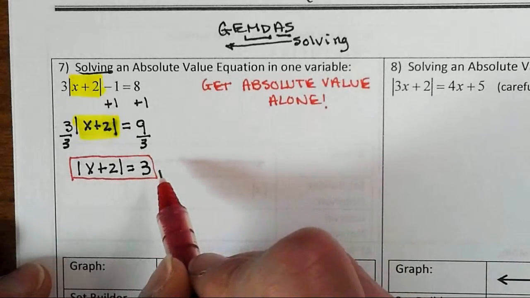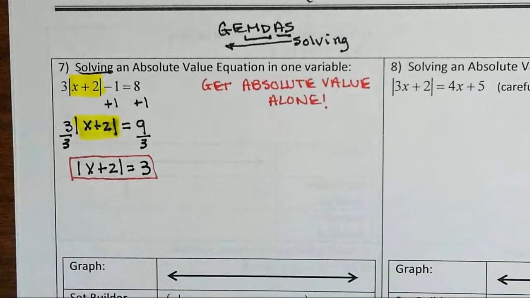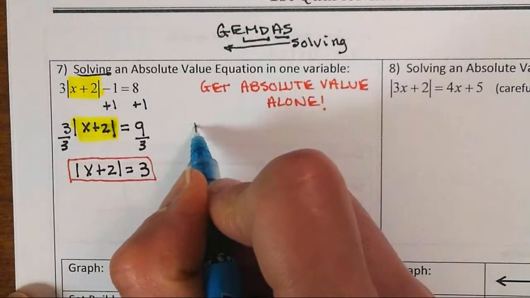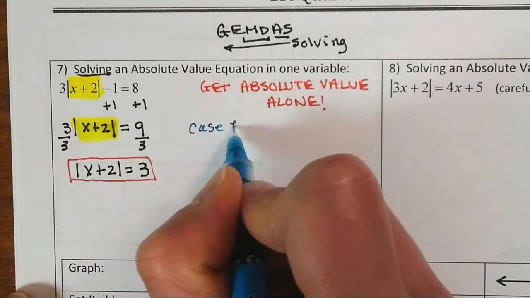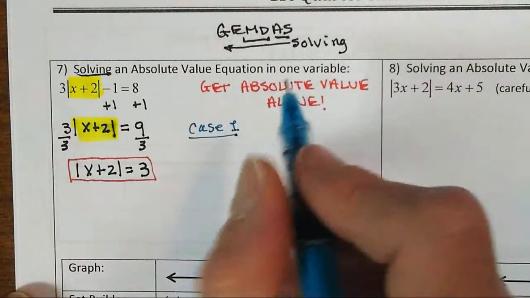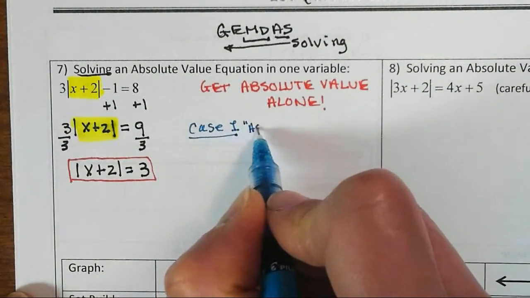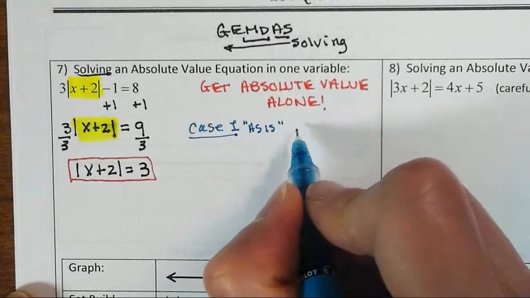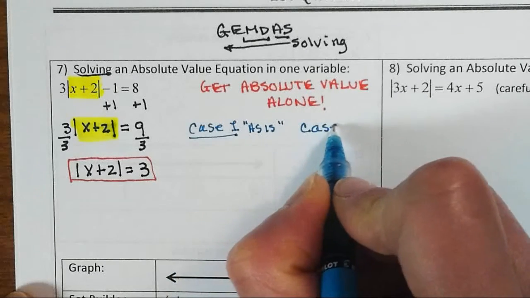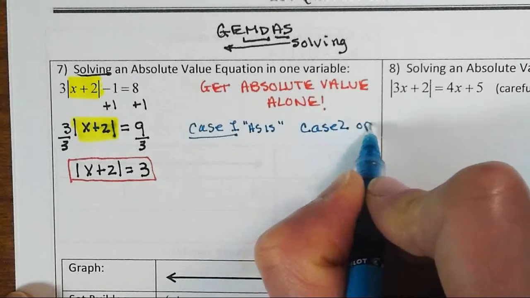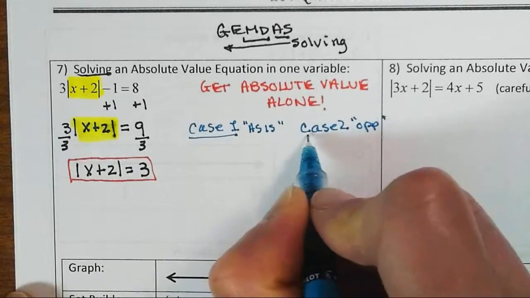So once we've done that, then we can go ahead and set up our two cases. So we have case 1, which is our as is, and we have our case 2, which is our opposite.